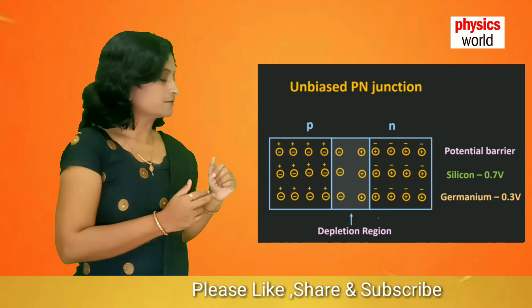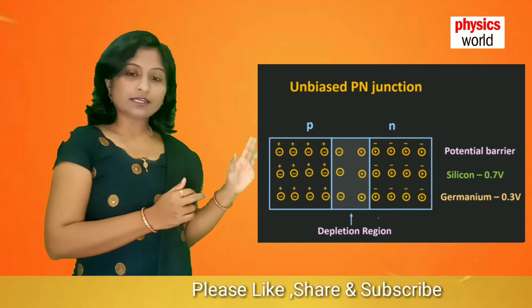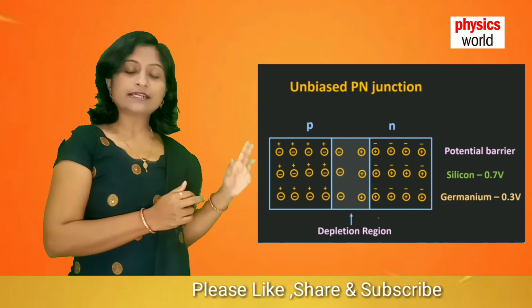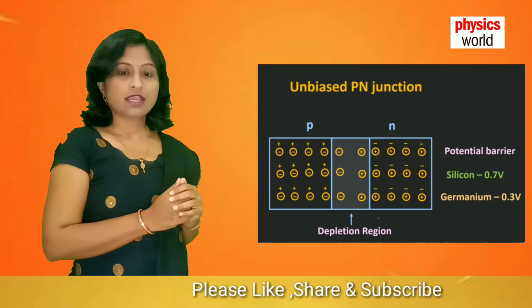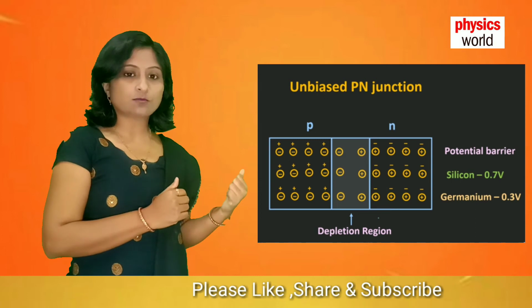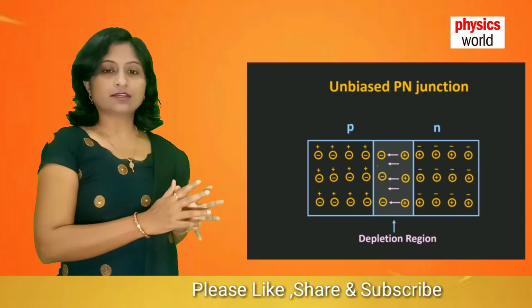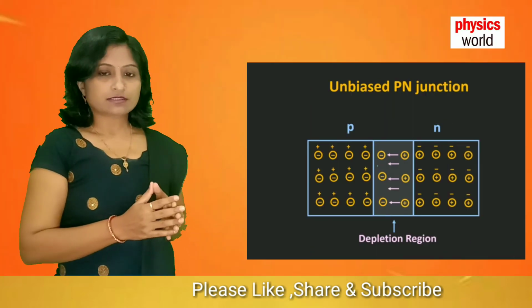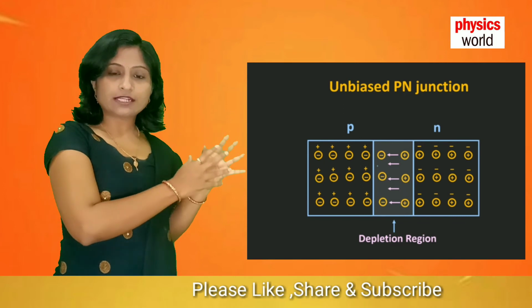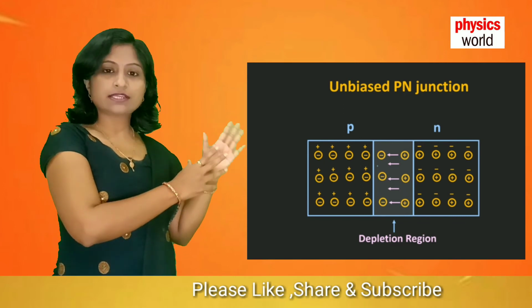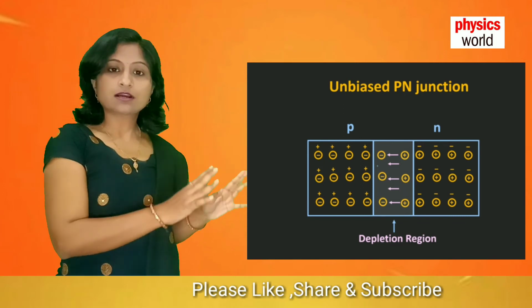As shown here, the barrier potential for a silicon diode is 0.7 volt, and for a germanium diode it is 0.3 volt. So such is the formation of the PN junction diode when it is unbiased. Once the barrier potential is set, the PN junction diode formation is completed.